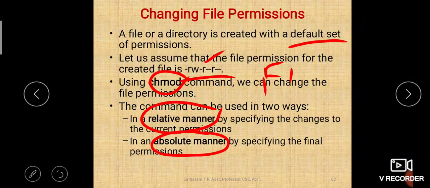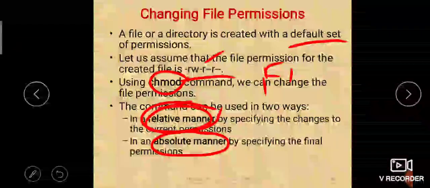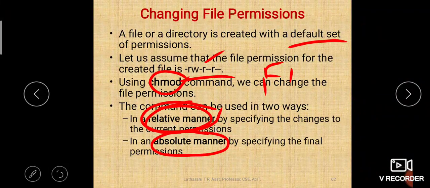You want only to change the permissions of the group. In that case you will use this relative manner of changing the permission. You are interested in changing only that permission which you are concerned with. You are not disturbing any other permissions. That is relative manner of changing permission.